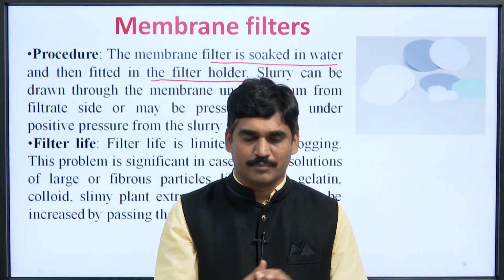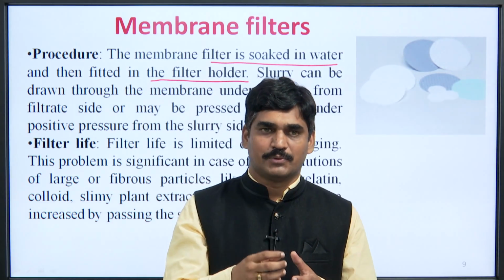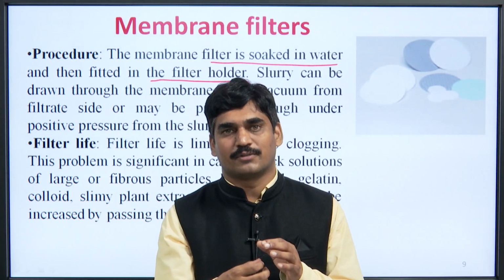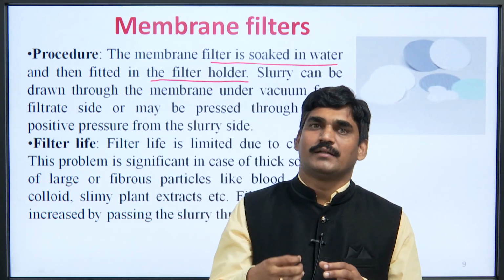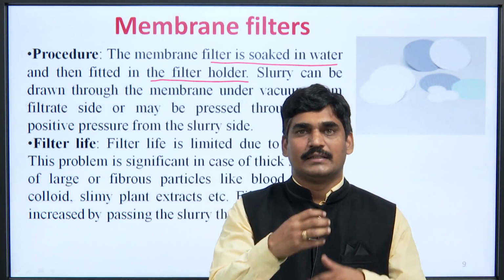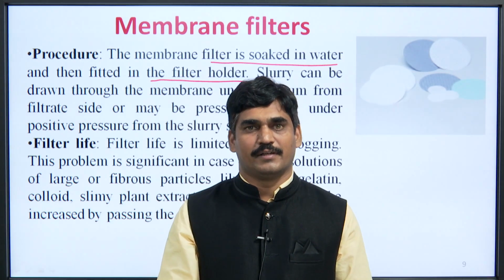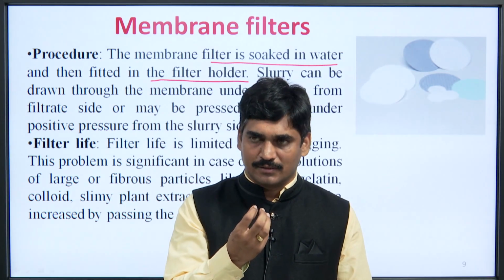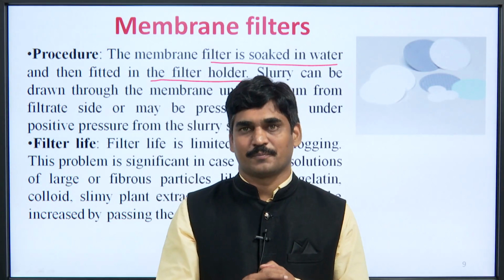While applying vacuum, we have to keep in mind that vacuum should be applied from the filtrate side. If we apply the vacuum from the filtrate side, it creates negative pressure for the slurry, and the rate of filtration increases.